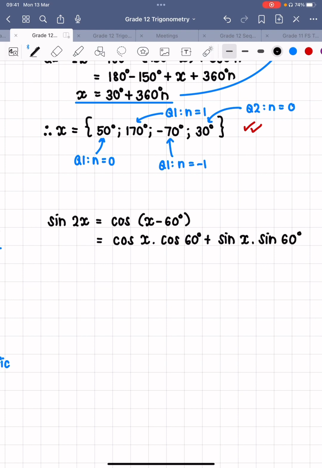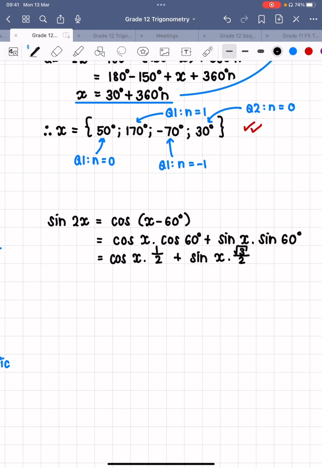And now what? Now we would think, okay, let's use our special triangles, right? Let's write that cos 60 is half, plus sine x times root 3 over 2.